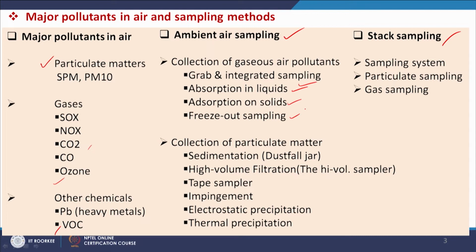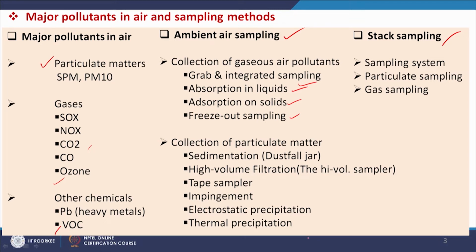So, these are indirect methods, and somewhere it is possible that we cool the air, and at lower temperature the pollutants are separated from the air and we can collect and analyze them. That way different methods have been explored and used for collection and the sampling process.